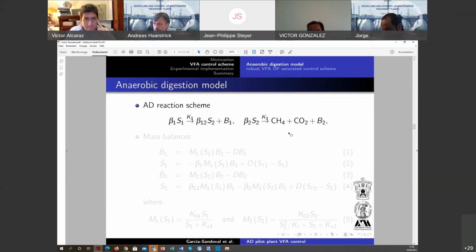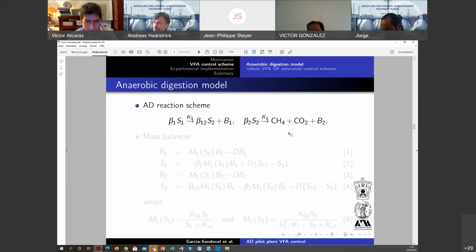Here, we use the AM2, anaerobic digestion model 2, which involves two main reaction steps: the acidogenesis and the methanogenesis. In the first step, the organic matter is transformed into volatile fatty acids and some other products.